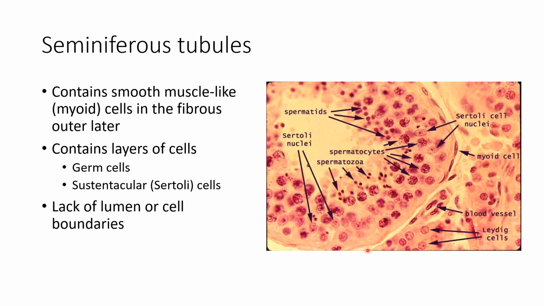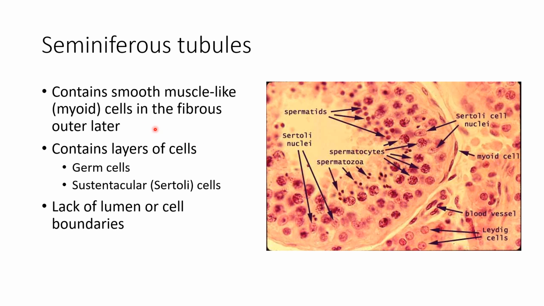You see them arranged in a very orderly manner, in layers, in order of the growth of the cell: from spermatogonium to first spermatocyte to second spermatocyte, then to spermatid, and then to full grown spermatozoa.